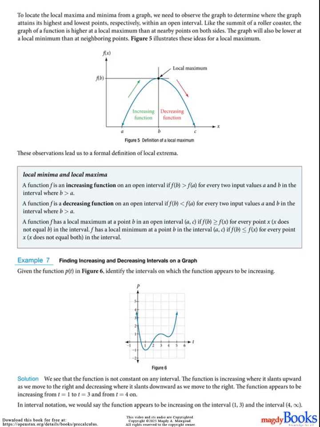The function appears to be increasing from t equals 1 to t equals 3 and from t equals 4 on. In interval notation, we would say the function appears to be increasing on the interval (1, 3) and the interval (4, infinity).